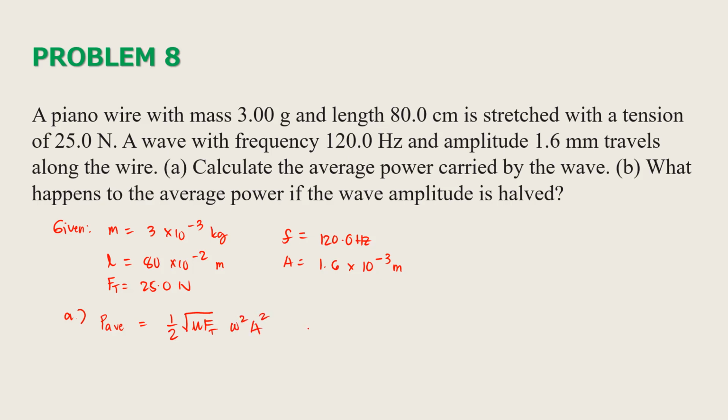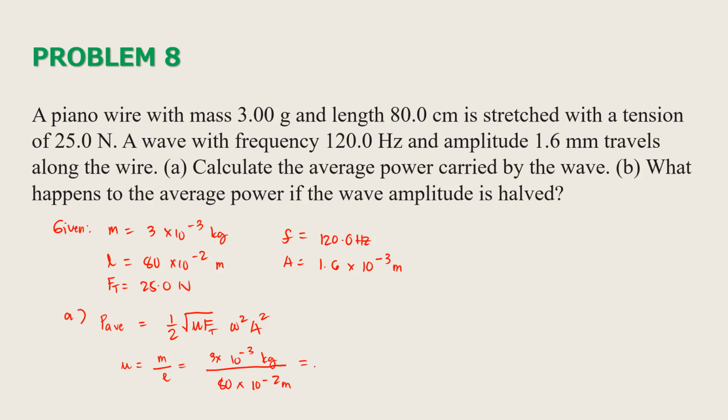Now, we are not given the value of mu as well as omega, so we can find them through these equations. Mu equals mass over length. We have 3 times 10 to the minus 3 kilogram divided by the length, which is 80 times 10 to the minus 2 meter.